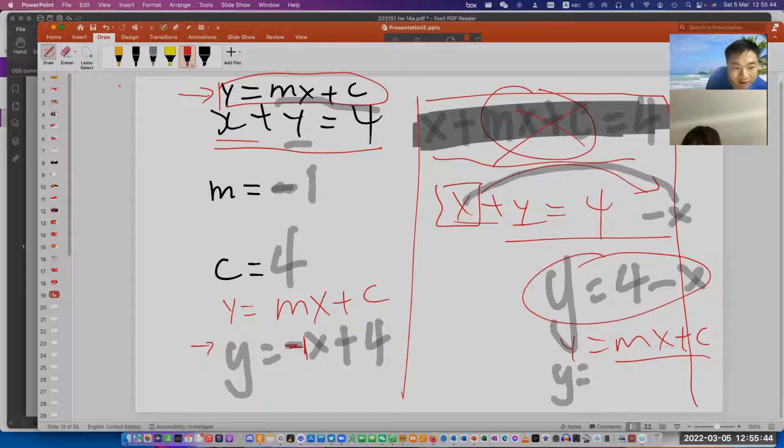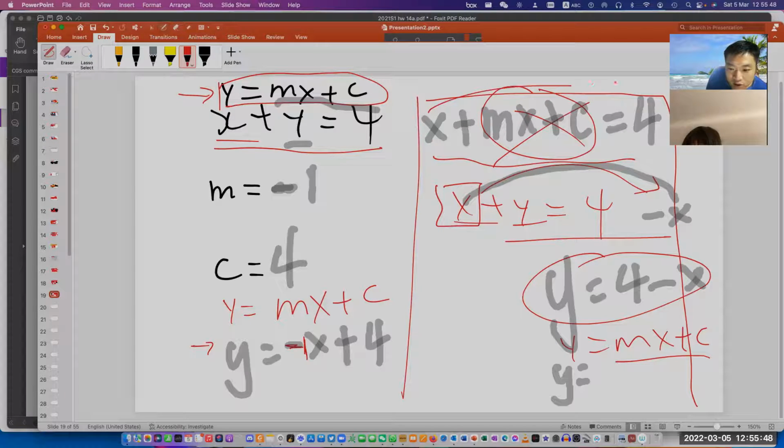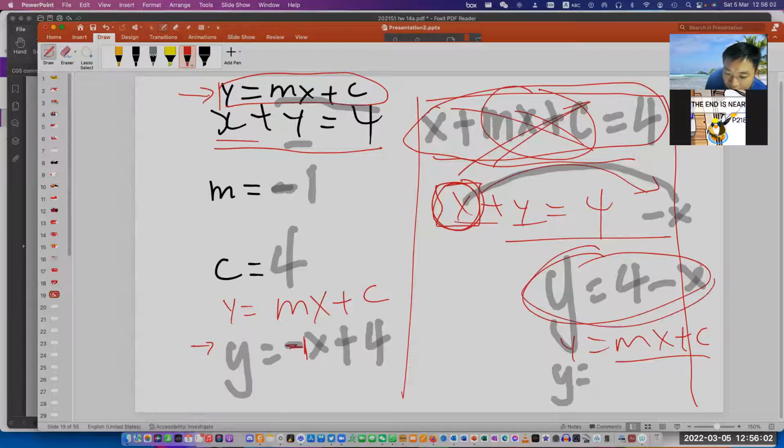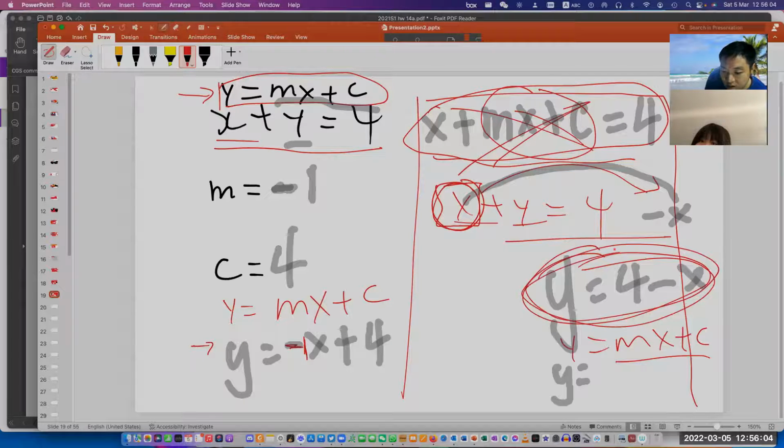So can you see? Just now at first you wanted to go this path. It's not wrong, but it's too complicated. So the simpler way is to move the x over, and then you end up with this. But this arrangement is still not the y equals mx plus c arrangement.